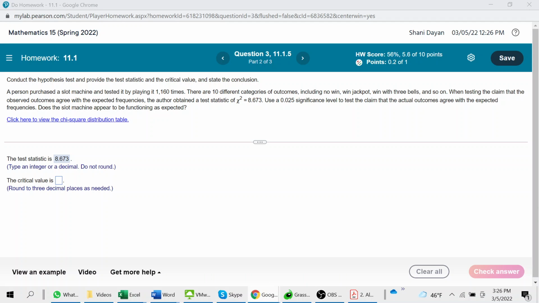Let's get started. Let's read this question here. Consider the hypothesis test.